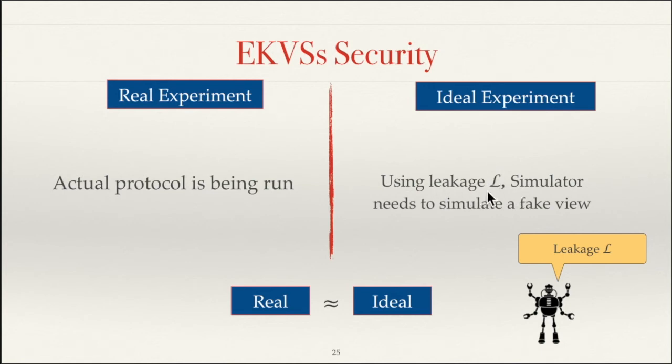And this leakage is essentially the information that the adversary will learn. We say that if we can create such a simulator which can successfully fool the adversary, then our EKVS protocol, or encrypted key value store protocol, is secure.